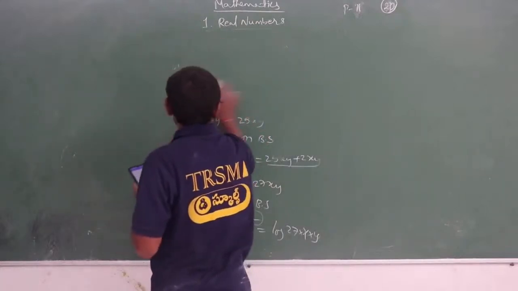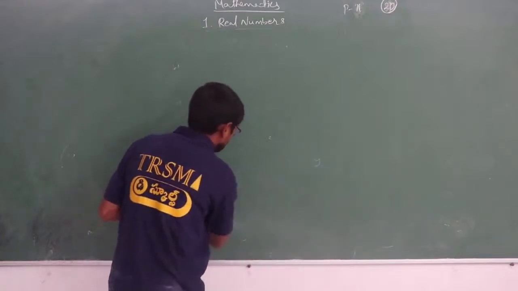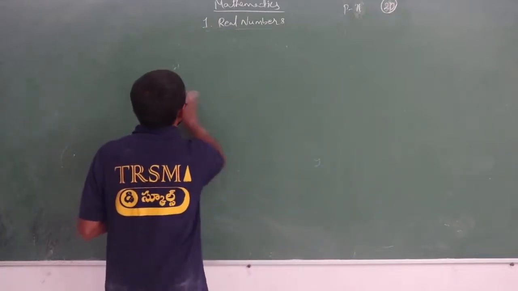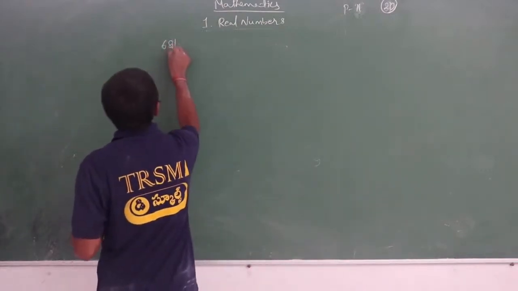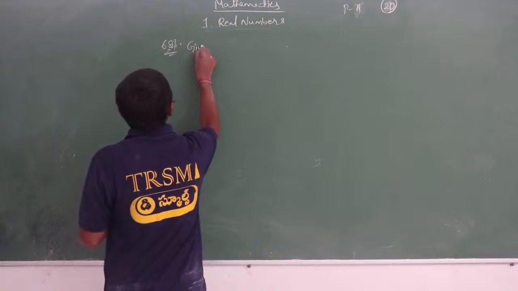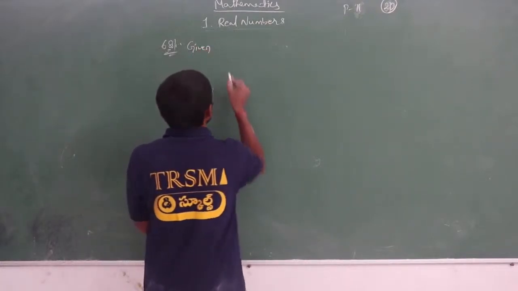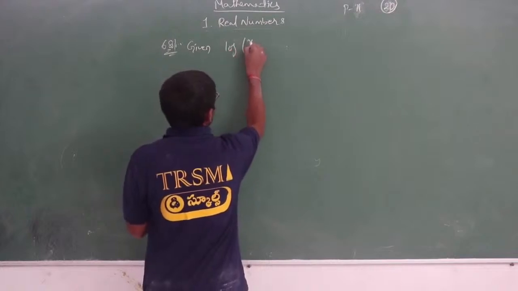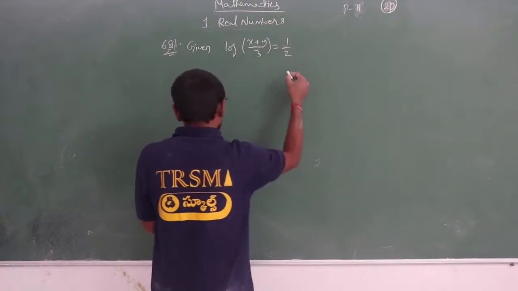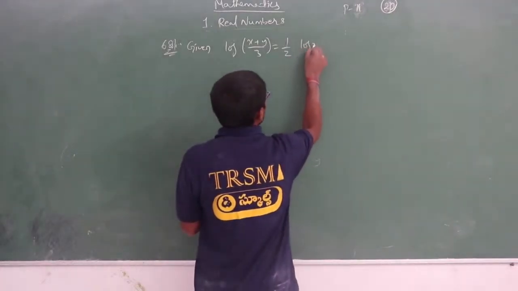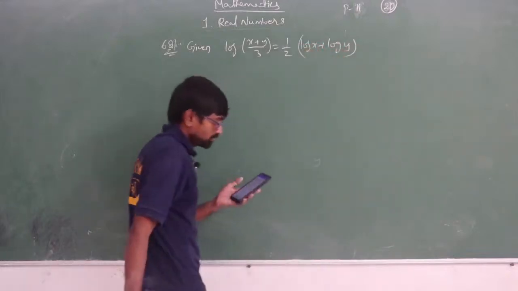So in question number 6 you can see there, given log (x plus y) divided by 3 is equal to 1 by 2 (log x plus log y).